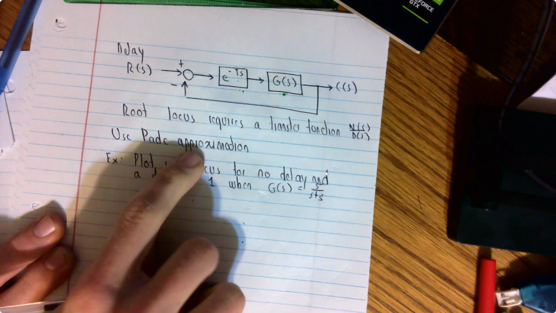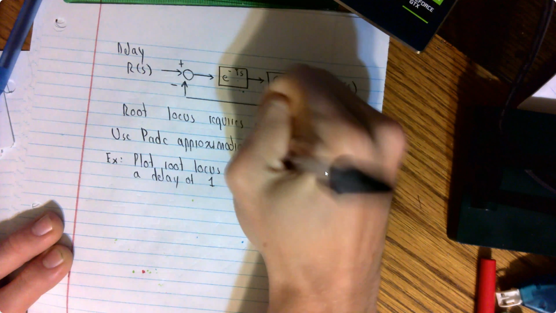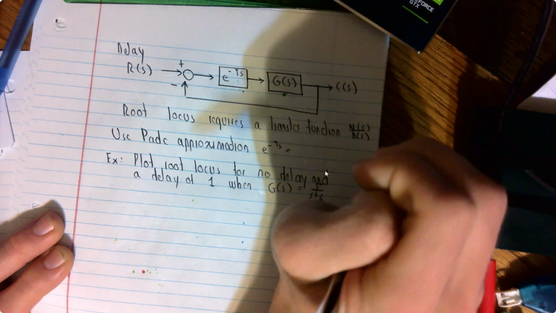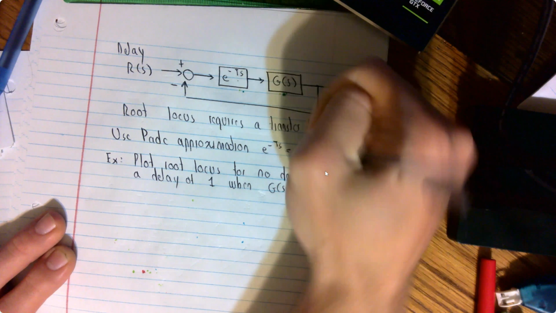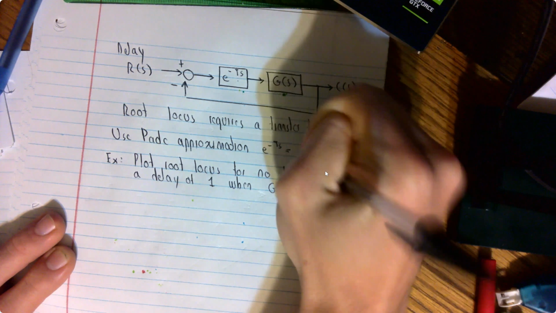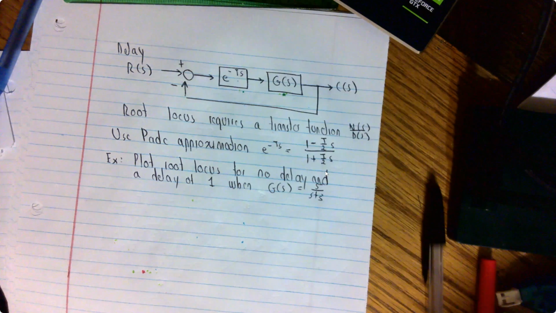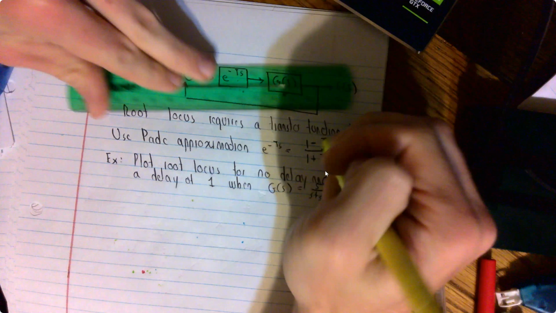If we implement the Padé approximation, it basically says e to the negative Ts for a first order Padé approximation is equal to 1 minus T over 2 of s all over 1 plus T over 2 of s. Okay, so that's the first order Padé approximation.